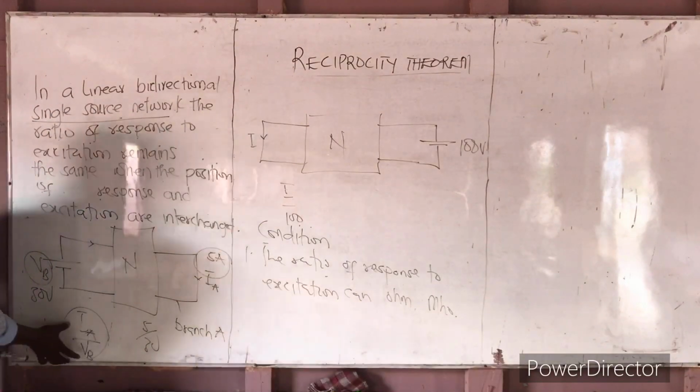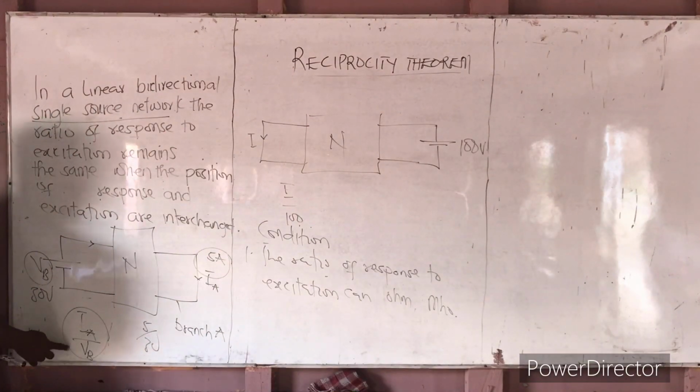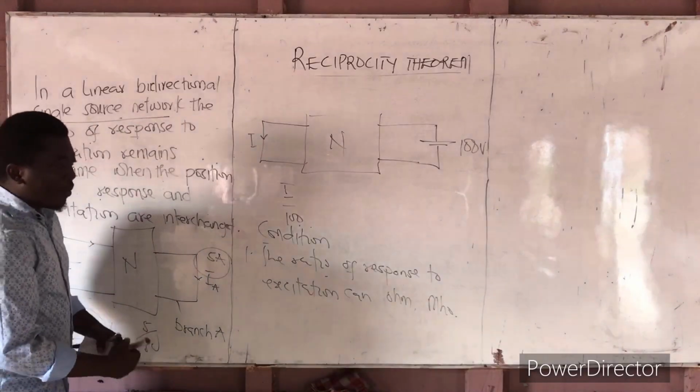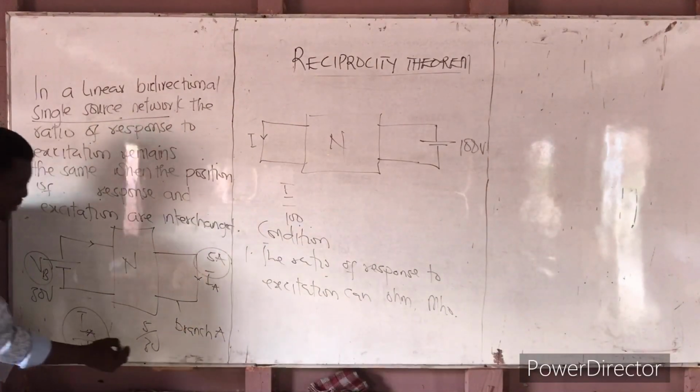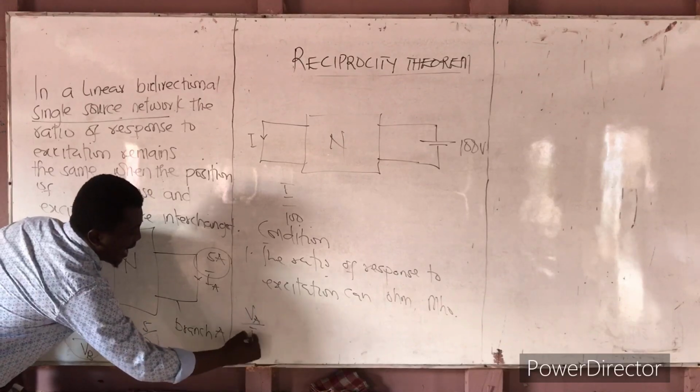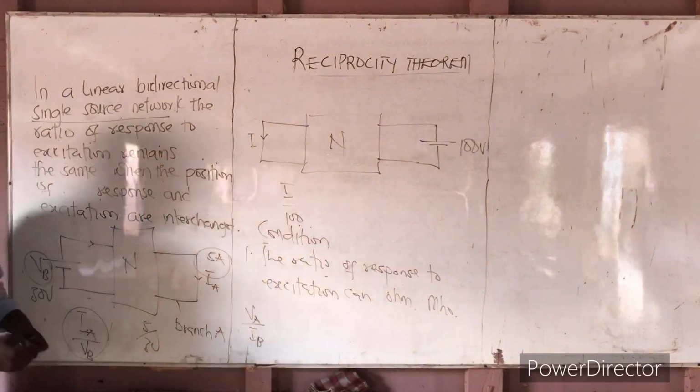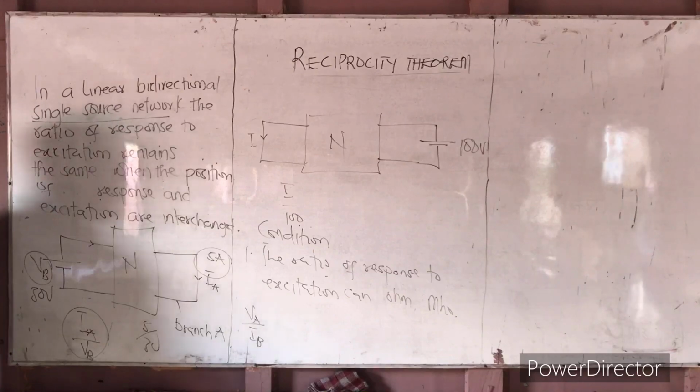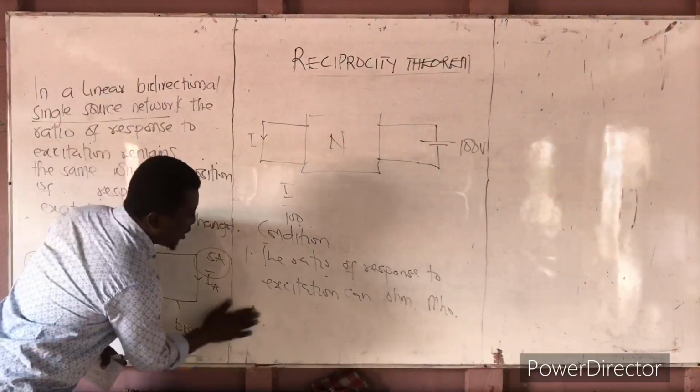Like in this example, because it is I over V, it is mho. But if it was VA over IB, it would have been ohmic.